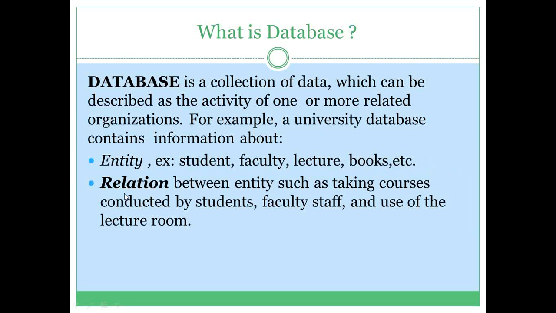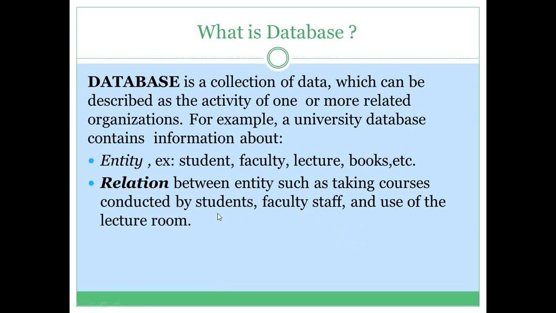And the second is relation between entities, such as taking a course conducted by a student. It's an example where a student of course has to take a course from the faculty. And the second example is faculty staff and use of the lecture room.